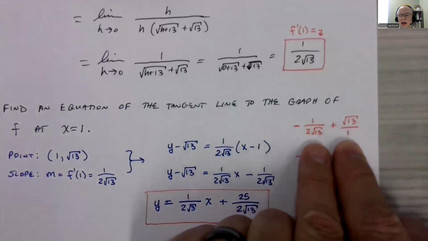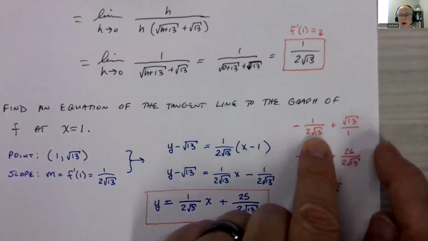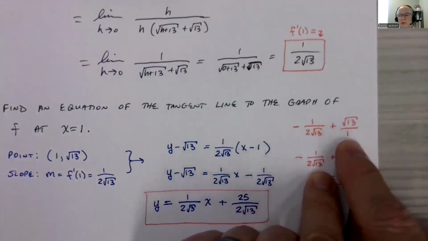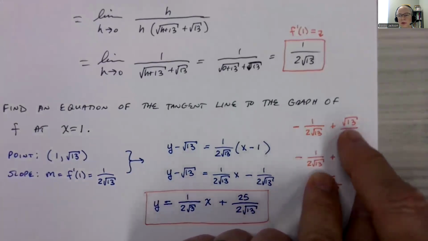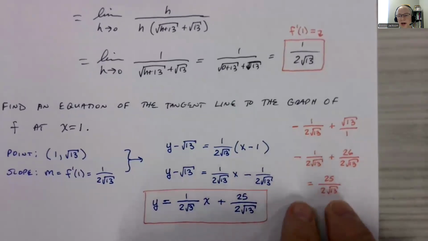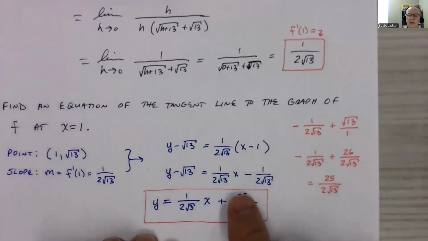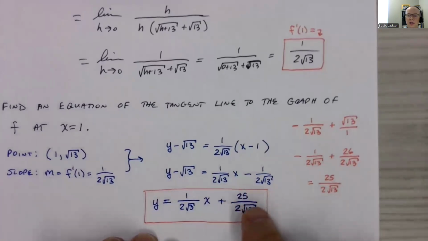And to add, I need a common denominator, which is 2 times root 13. So if I multiply top and bottom of this fraction by 2 root 13, 2 root 13 times root 13 is 2 times 13, which is 26. So the equivalent fraction is this. They have the same denominator, so now I can combine negative 1 plus 26 is 25 over 2 root 13.